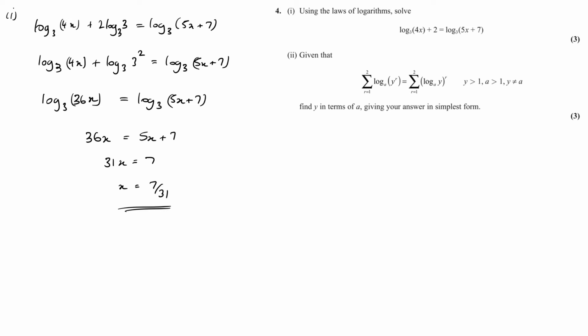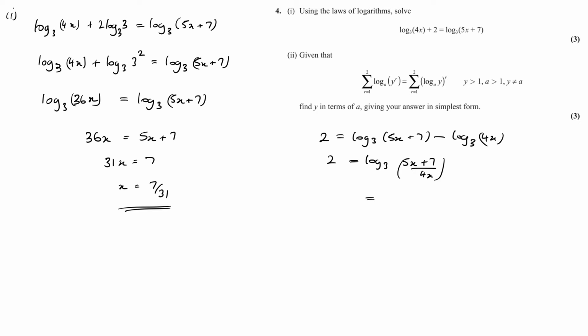An alternative way would be if I wrote it, say, like this. So that would give me, on the left side anyway, 5x plus 7 over 4x and the 2, and then I can use my rule to switch, you know, when you switch between the logs and the powers, the indices.